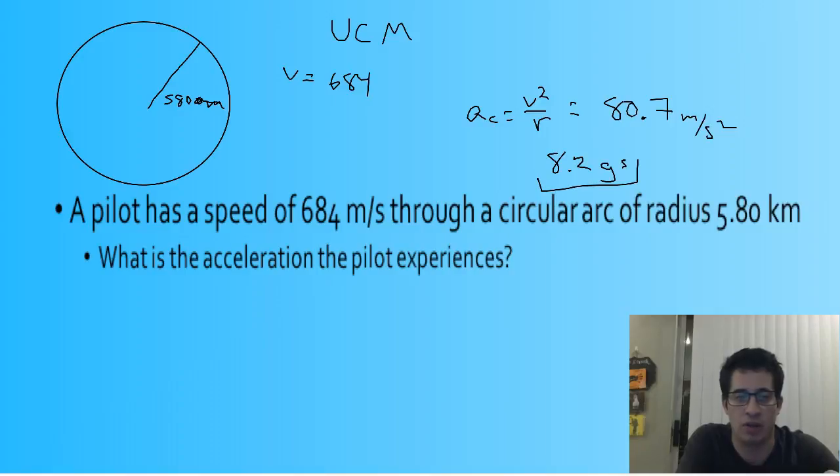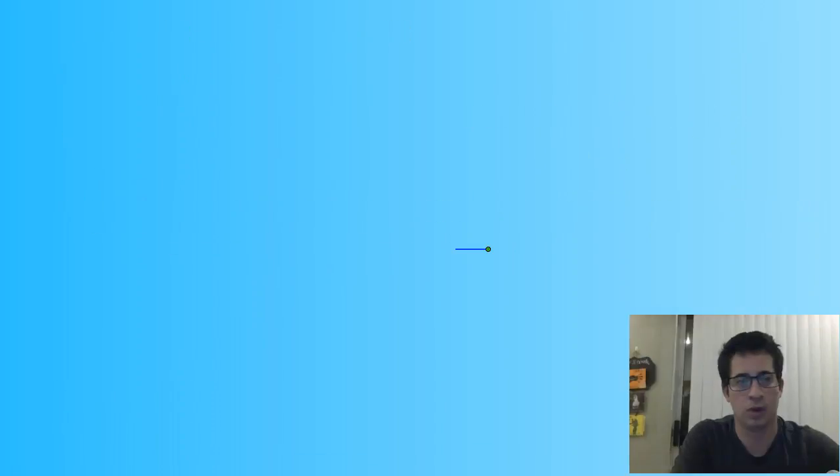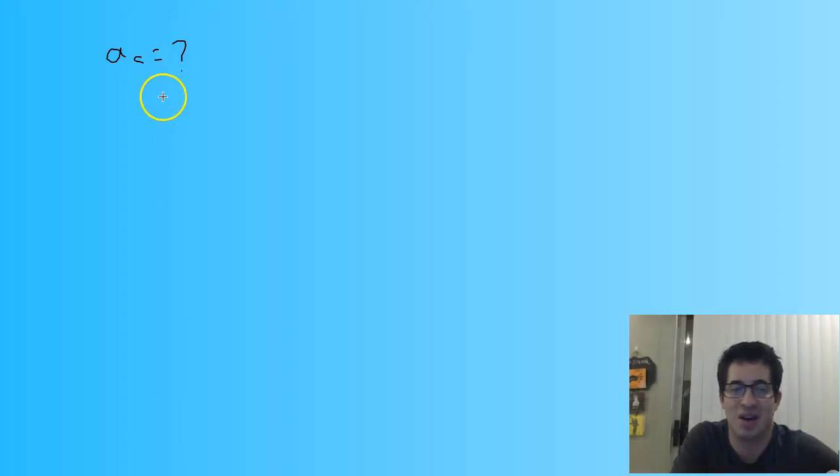We're going to look at one more example, and then we'll practice the rest in class. For this next one, I want to know the centripetal acceleration of the second hand on a wristwatch. So we need to know a couple things, right? Centripetal acceleration is v squared over r.